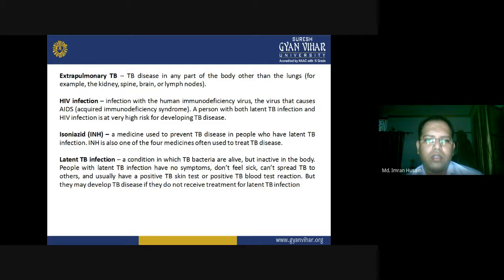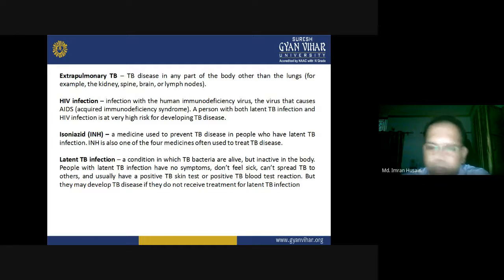Isoniazid: a medicine used to prevent TB disease in people who have latent TB infection. INH is also one of the four medicines often used to treat TB disease.